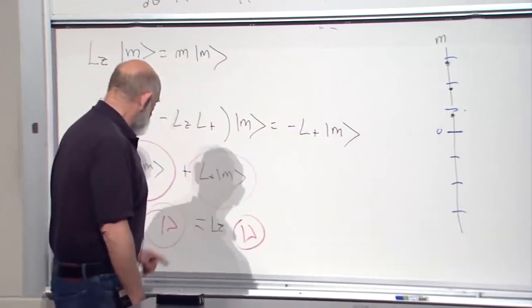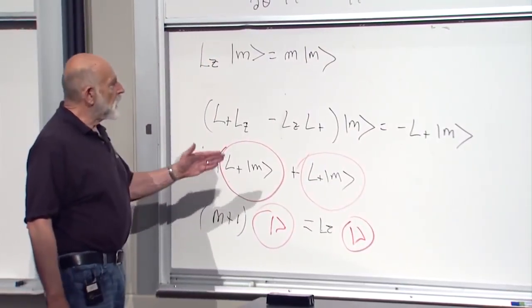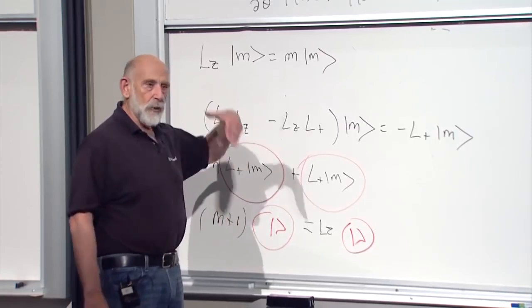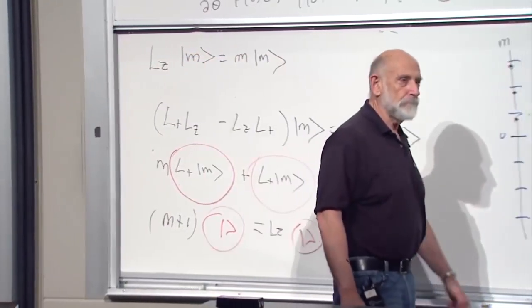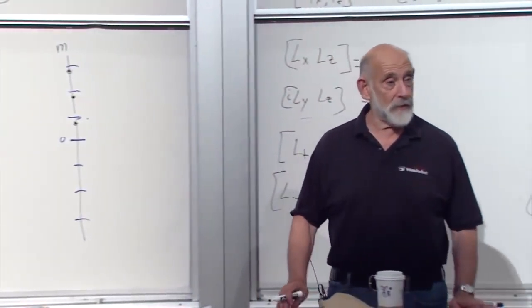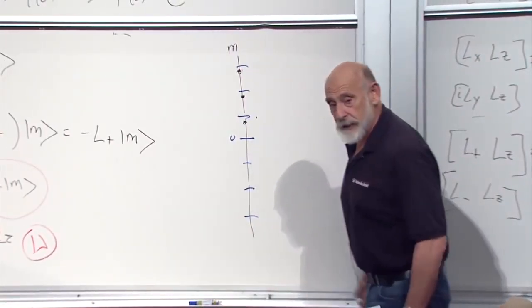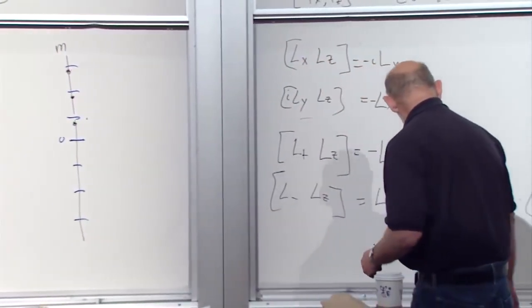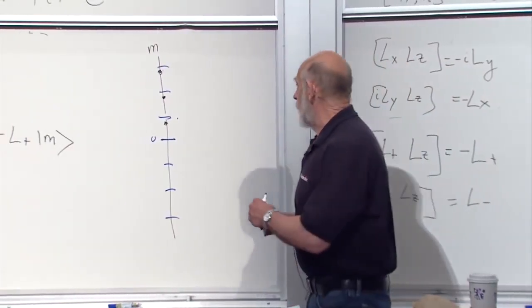Now there's one exception to this statement, that when we apply L plus, we will necessarily get a new eigenvector with 1 unit up. What's the other alternative possibility? That you get 0. That you get just plain 0, no vector at all. So this could terminate, conceivably. It could terminate somewhere.